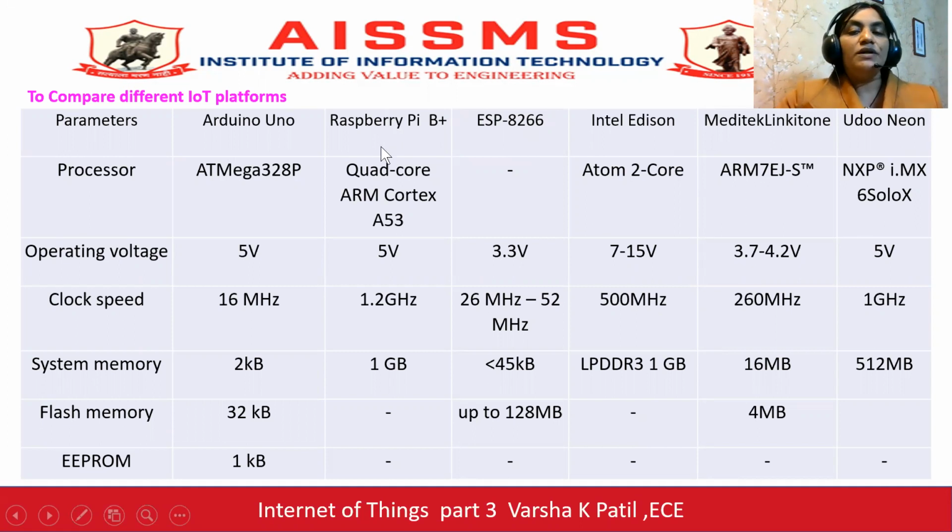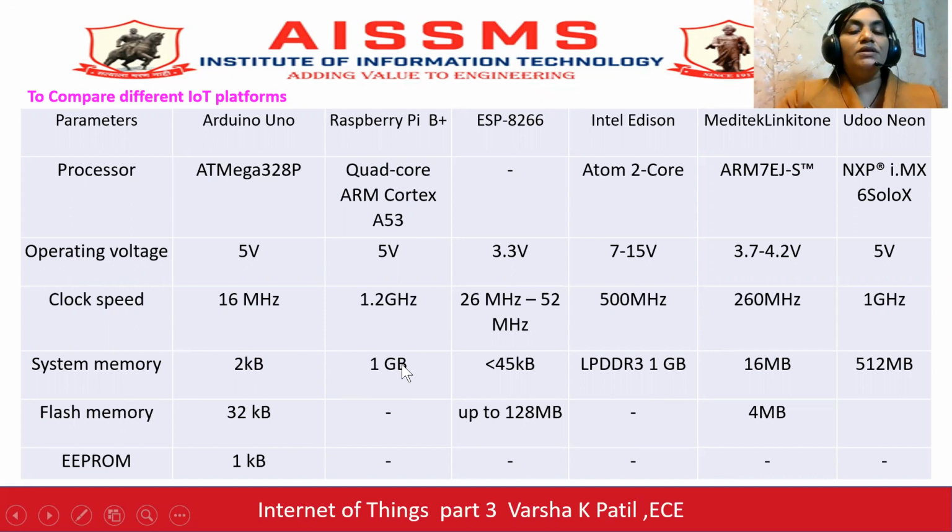Now, in case of Raspberry Pi 3, there is a very nice processor, a quad core ARM Cortex. Again, the winning edge is given to Raspberry Pi due to its clock speed and system memory.